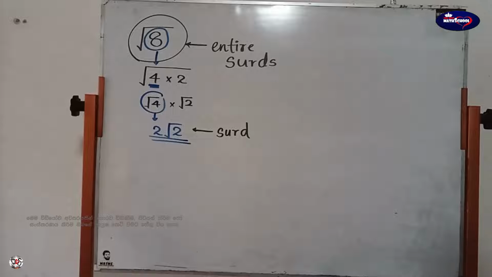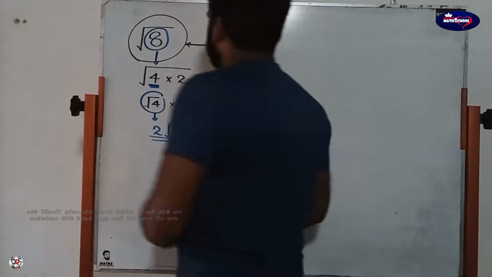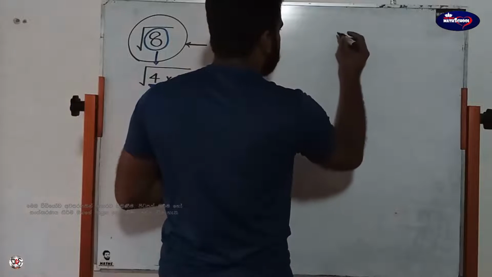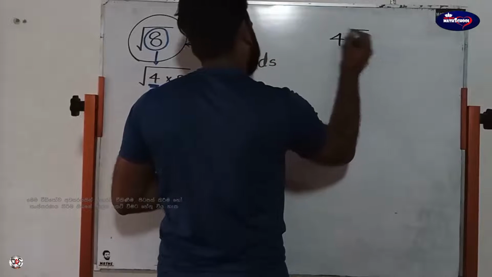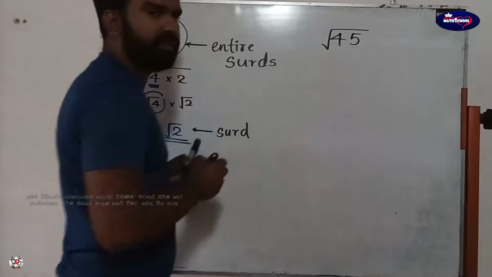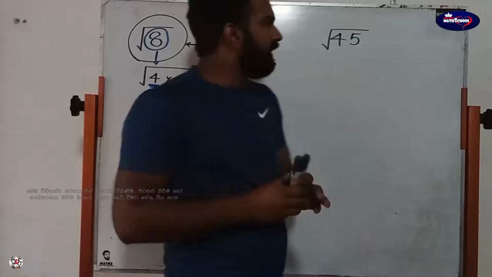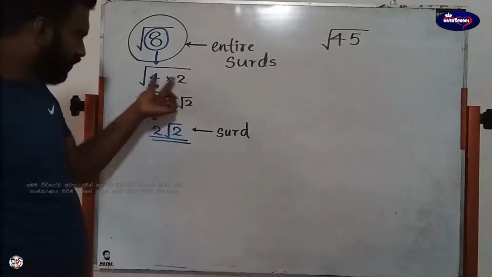Right. Okay, I will take another one. A number like this, 45, square root of 45. What can you see? My dear, try to write this 45 as a product of two numbers.